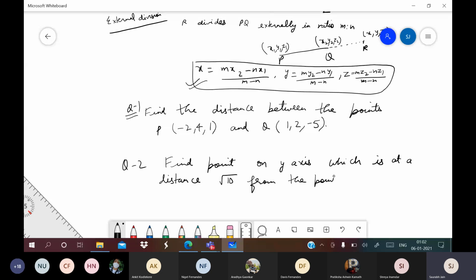It's 7. Yes, 7 is correct. Just use the distance formula.